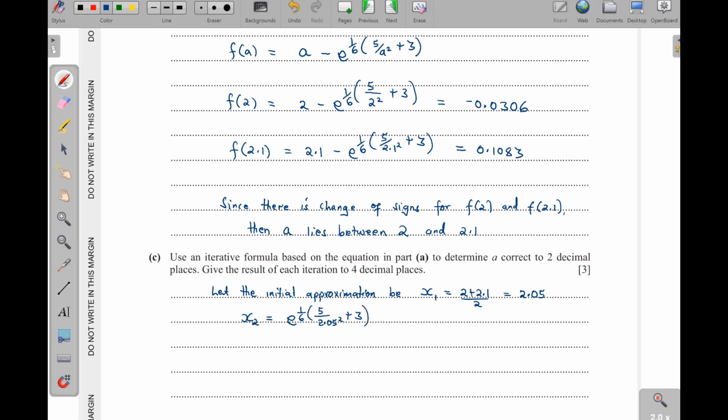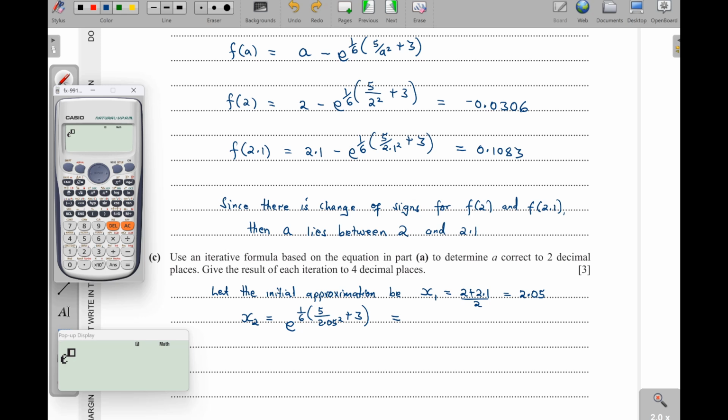We have e to the power of 1 over 6 times 5 out of 2.05 squared, plus 3.